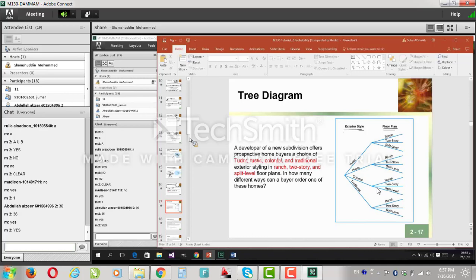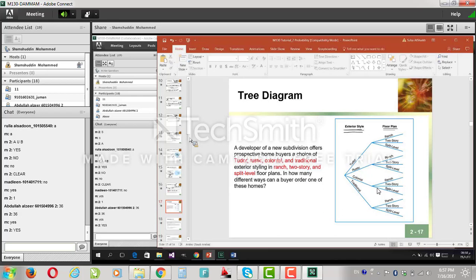Okay, we have 2 ways to do the homes. First, the exterior style, the exterior shape, can be thunder, rustic, colonial, and traditional. So 4 options for the exterior style.